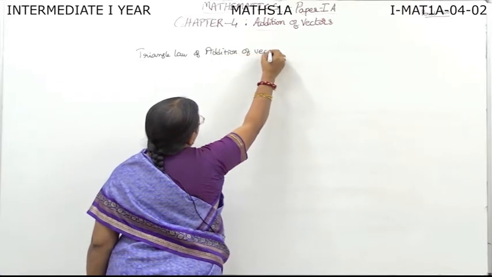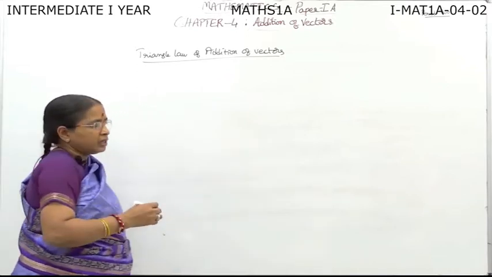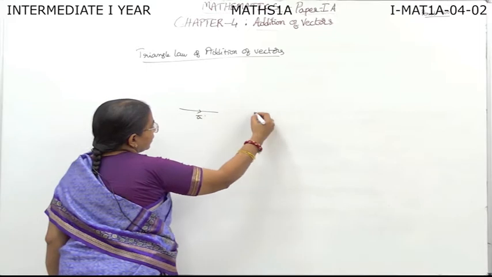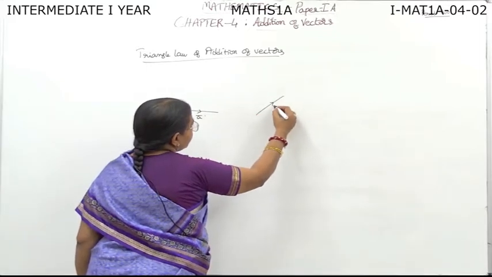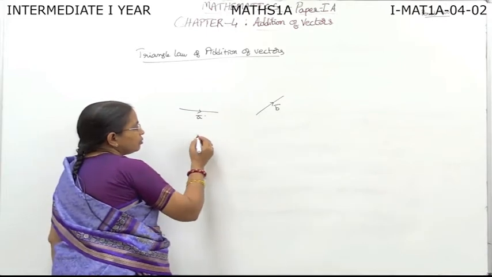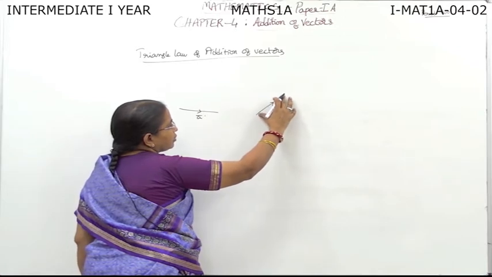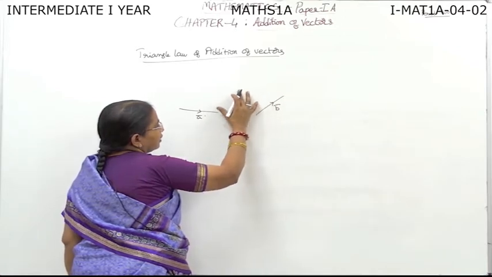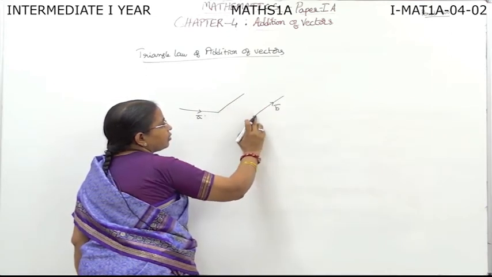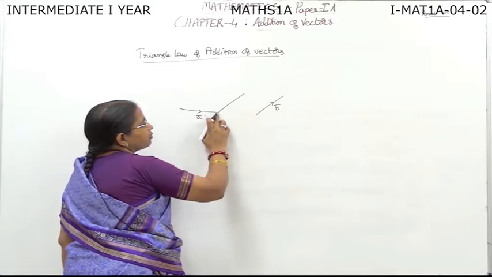In the triangle law of addition, suppose A is a vector like this, and B is another vector like this. How do we add them? They have different positions, so you draw a vector equal to the second one such that its initial point coincides with the terminal point of the first vector.